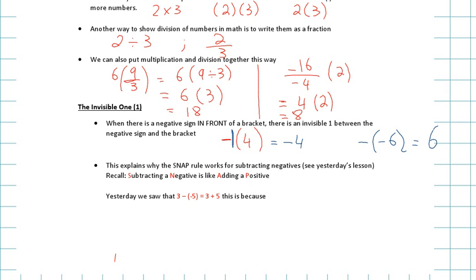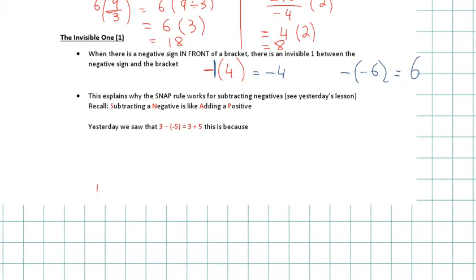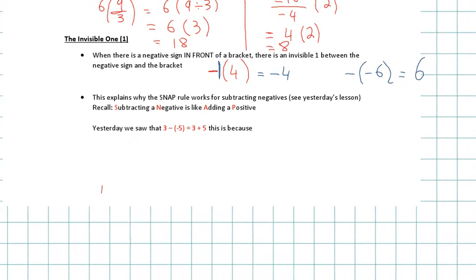Good. Now, I did talk about the SNAP rule yesterday, didn't I? Right? Or was it not with you? No, not with you. With my 11th. Okay. So the SNAP rule is basically what I was just showing you right here. So when you have subtracting a negative, it becomes a positive. That's what the SNAP rule is. Don't worry about the name.